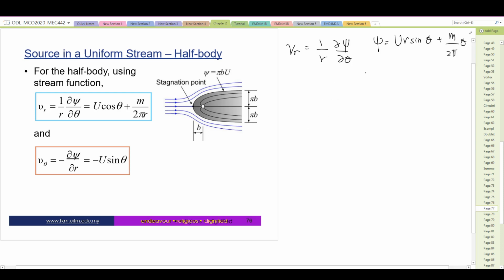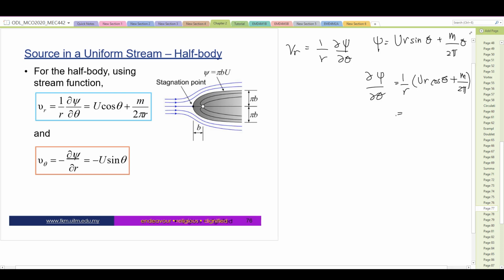Differentiating U r sine theta with respect to theta, sine theta gives cos theta, but don't forget the 1 over r. So 1 over r times U r cos theta, plus m over 2 pi differentiated with respect to theta gives m over 2 pi.